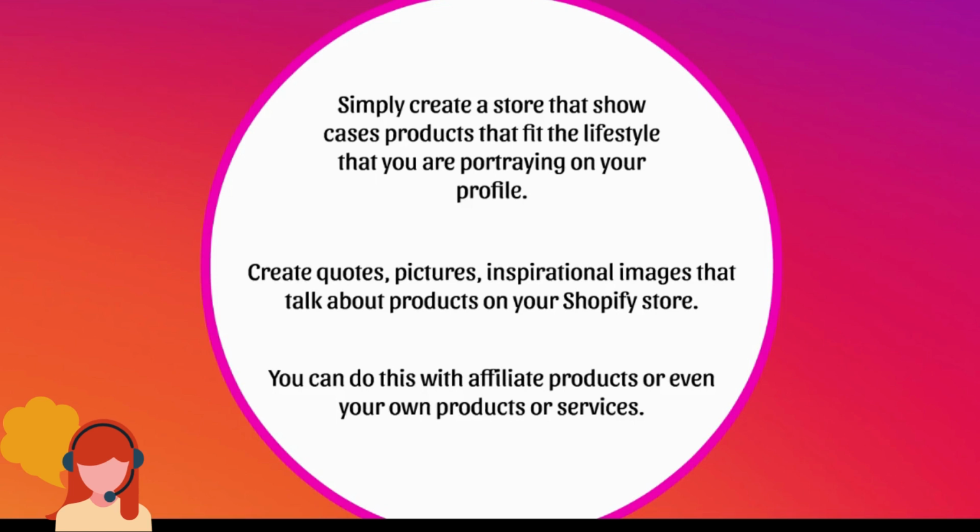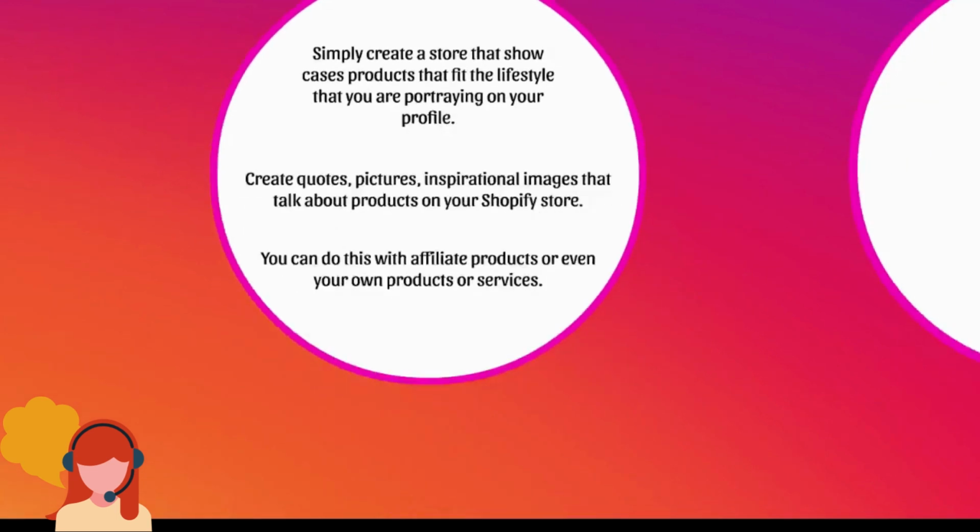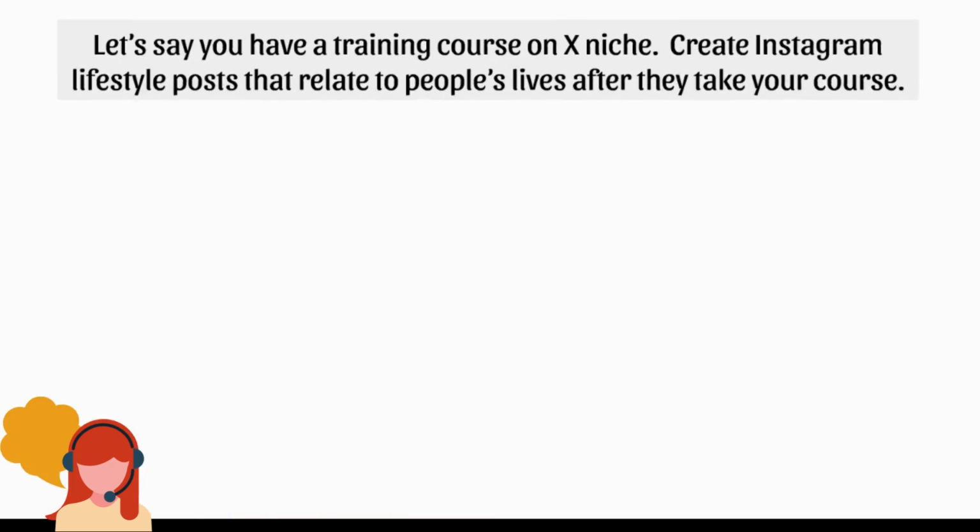You can also do this with affiliate products or even products or services that you own. Let's say, for example, that you have a training course on the X niche. You create an Instagram lifestyle post that relates to people's lives after they take your course. Maybe it's a scuba diving training course on how to start out with scuba diving as a newbie.